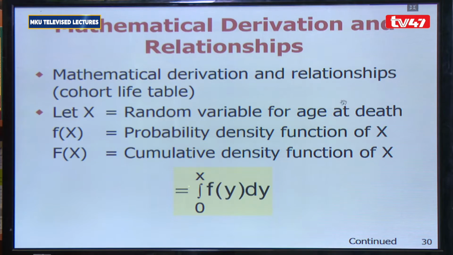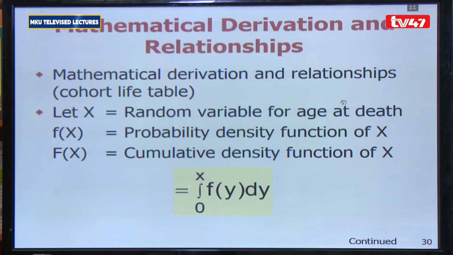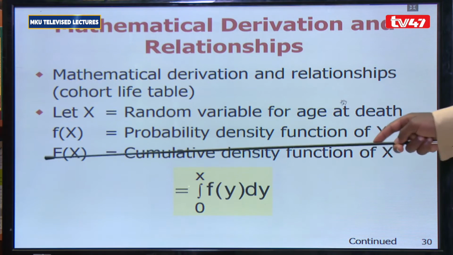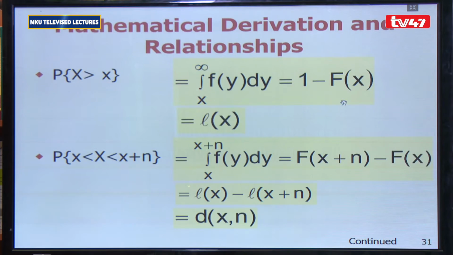The probability density function of X will be denoted by a lowercase f, then the uppercase F will denote the cumulative distribution function. From probability, we remember how to find the cumulative distribution function, which is given by the integral from 0 to x of the probability density function.